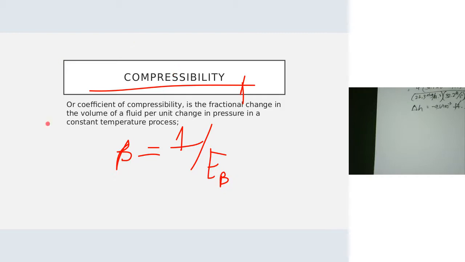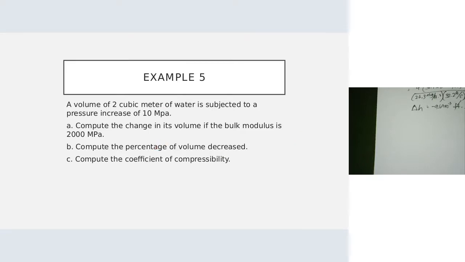Now, this compressibility is represented by the symbol beta. Okay. It's equal to 1 over the bulk modulus of elasticity. And this is also called compression or coefficient of compressibility. It's the fractional change in the volume of fluid per unit change. So, it's compressibility.